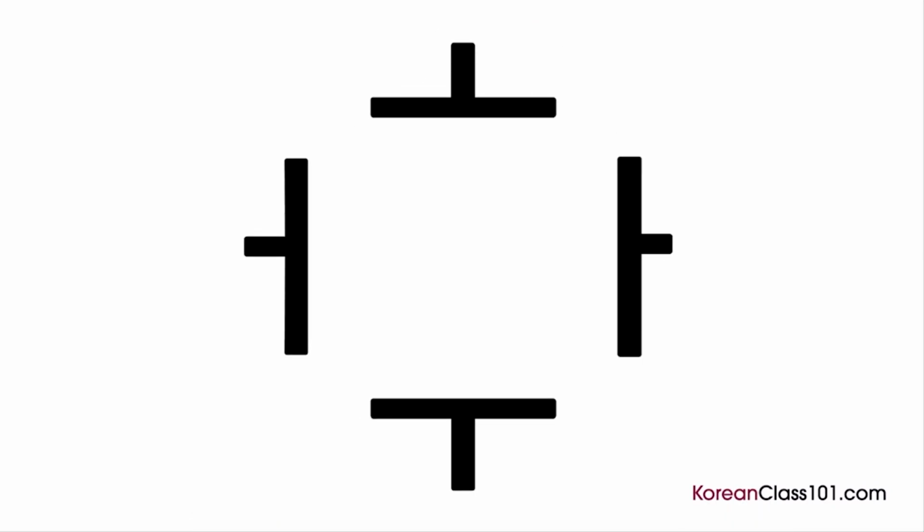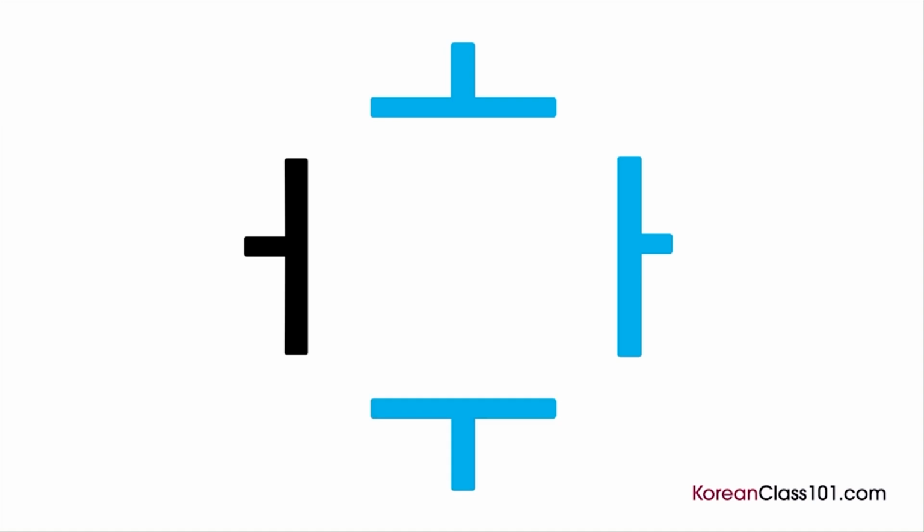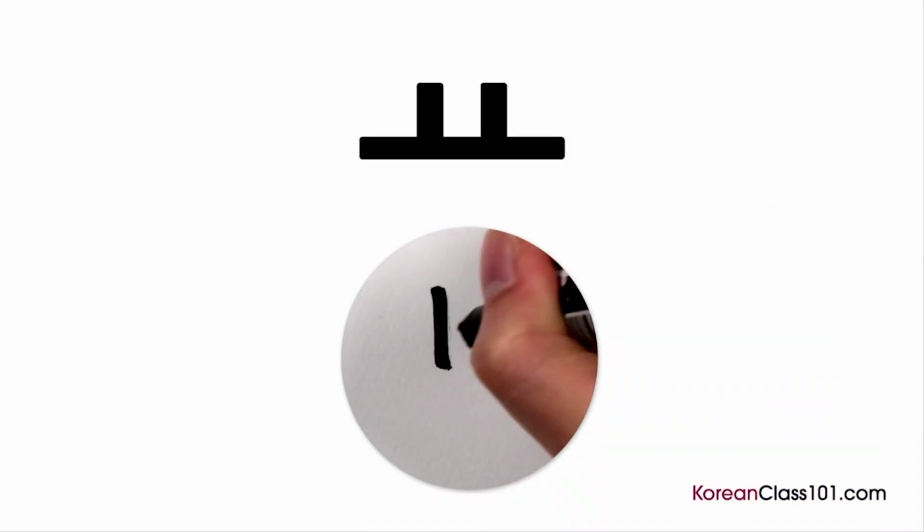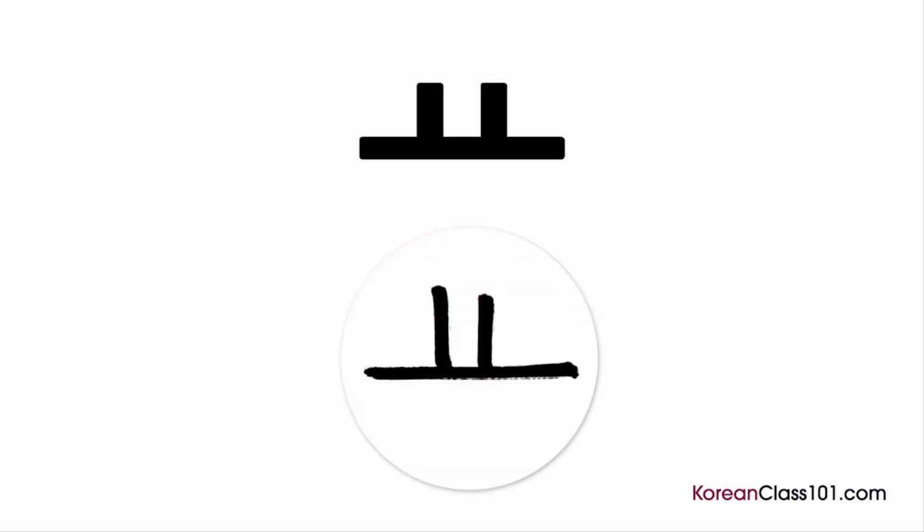From the top going clockwise, you have 오, 아, 우, 어. When you add another short stroke, a Y sound is added to the front of these sounds. Add another short stroke to O, and it becomes 요.